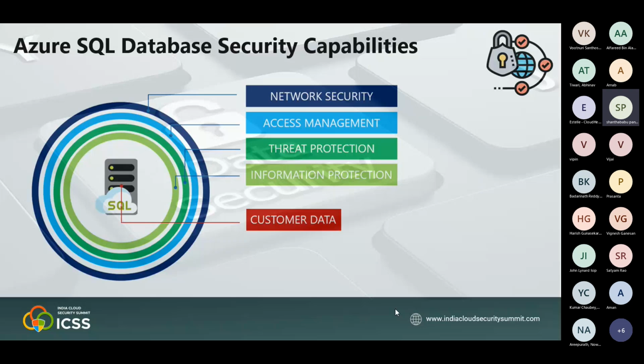So Microsoft is providing four different layers of security: network security, access management, threat protection, and information protection, right? So if we provide all these layers in a sensible way when I'm constructing my architecture, when I'm constructing my data platform, I need to consider all those things, because I'm getting data from an external source and doing all the transformation using Azure Data Factory or Synapse, whatever it is.